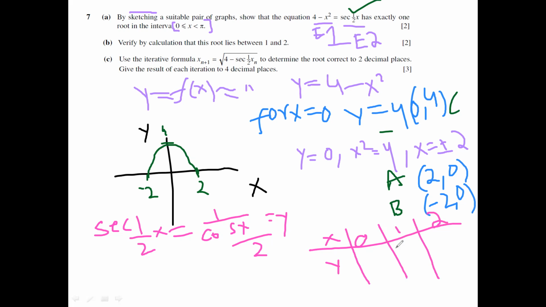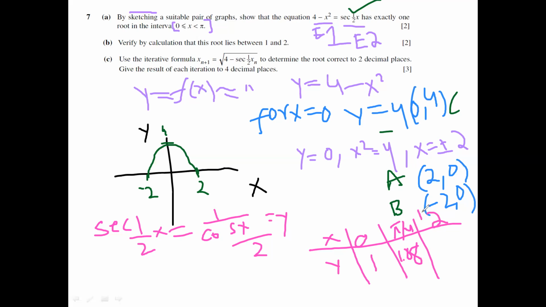Now let's use a calculator to find these points. At x equal to 0, cos would be equal to 1. Let's take x in radians, pi by 4. At pi by 4, y would be equal to 1.08. You can verify this using your own calculators.